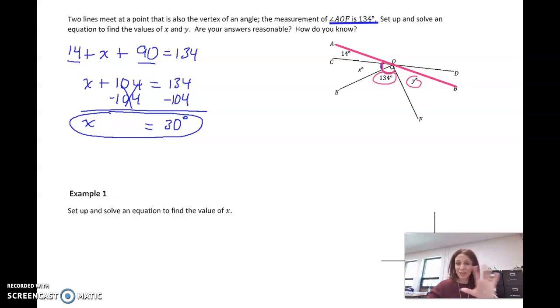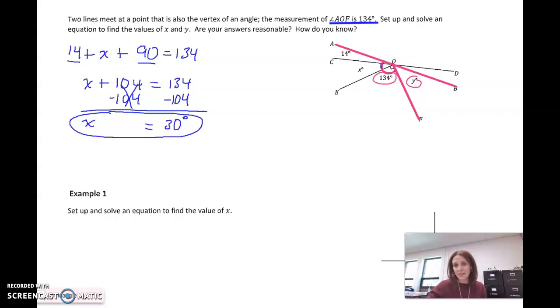Again, you might see something a little differently, but as long as you're working within the realm of what we're working with, complementary, supplementary, all that stuff, it could work, okay? Because you know what x is now. We know x and 90 and y, and we can figure out this is 14 here. Anyway, this is what I'm seeing, okay? From here to here, this angle here is 134.